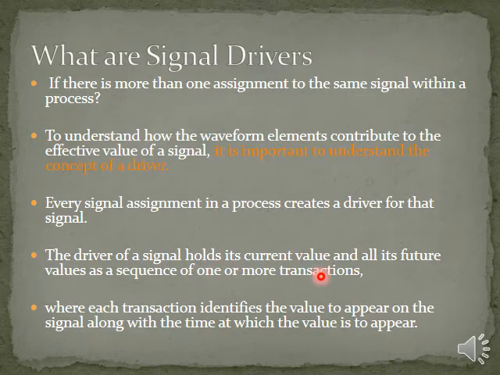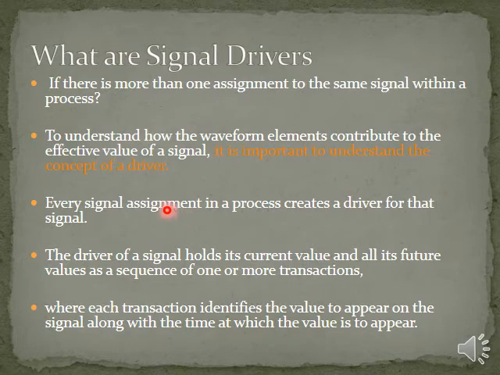It assigns the value; that is called the driver of that signal. You will learn this in the next slide with an example. Let us hope all of you understood what a driver is.